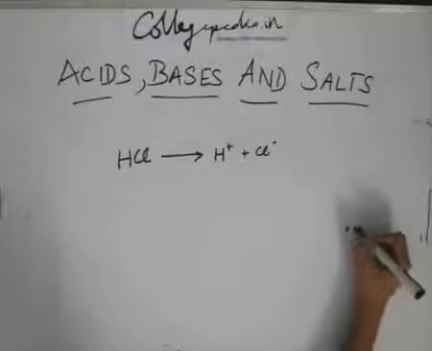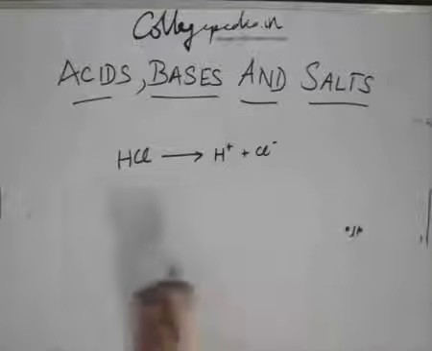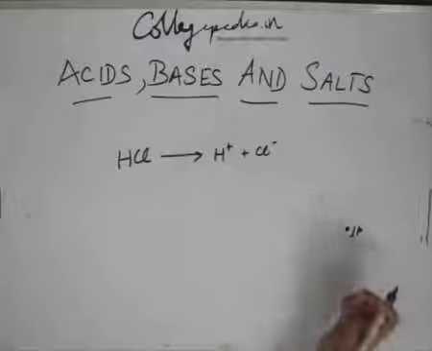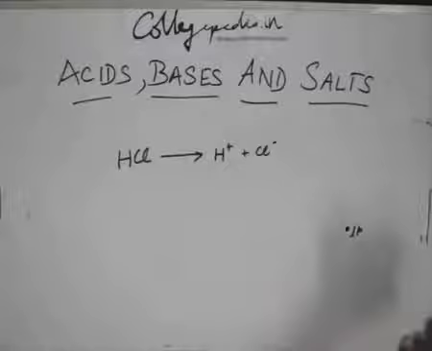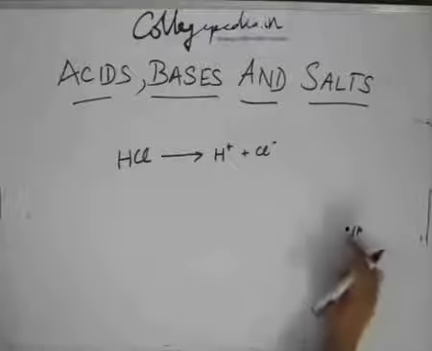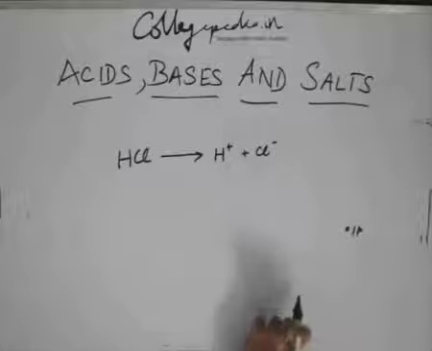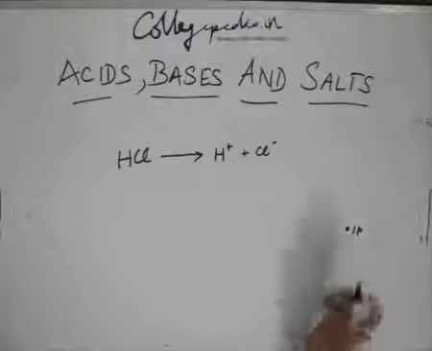Now this H plus will remove this electron, and what will be left is one proton. Now this one proton will not be able to exist independently. I mean, you can't have a stray proton going here and there. Protons need something to hold on to.